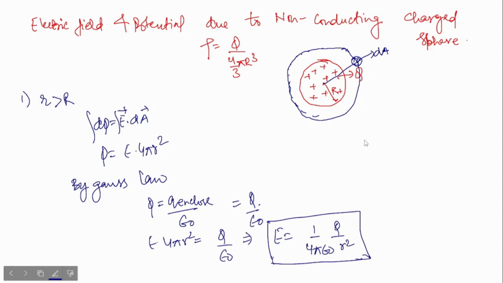Now, if suppose volume charge density is given, then how will you do it? This can be written as rho R cube over 3 epsilon naught into small r square. You just need to substitute Q as rho into 4 by 3 pi R cube, then terms will cancel out and this will be the answer in terms of rho.